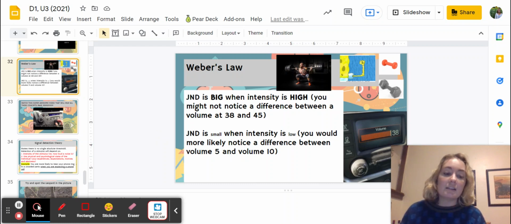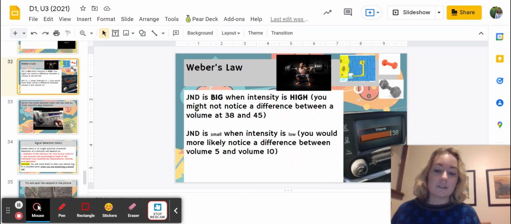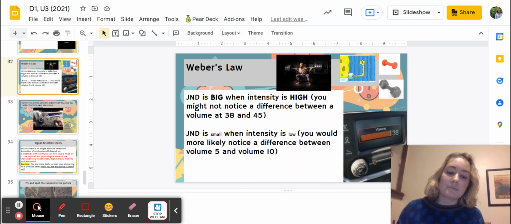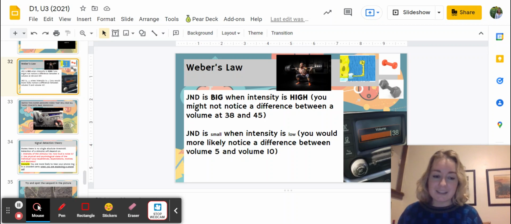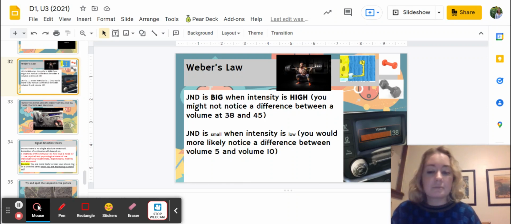You don't need as much to notice a difference. If you had a 5 pound weight and you added even a pound or two, at least for me, I would pick up the difference pretty quickly.